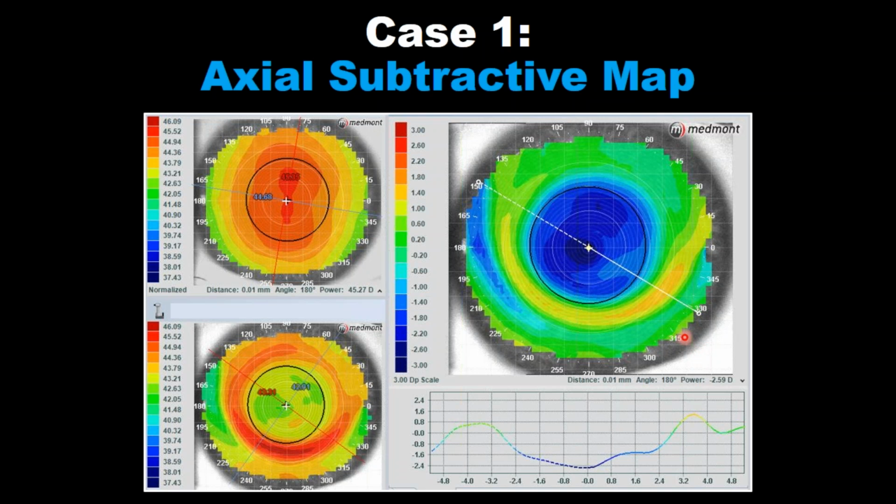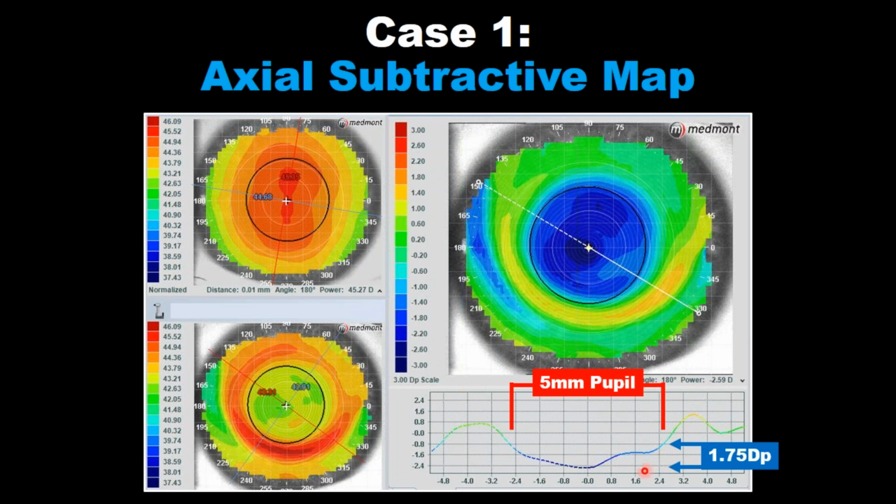So what you might do is pull up your axial map. With the white line across the middle of the treatment area, look at the cross-section of power created. And what you want to determine is, within the pupil diameter, how much power shift exists from the center to the periphery, so determining effectively the add that's created from most minus in the center to most plus within the pupil.